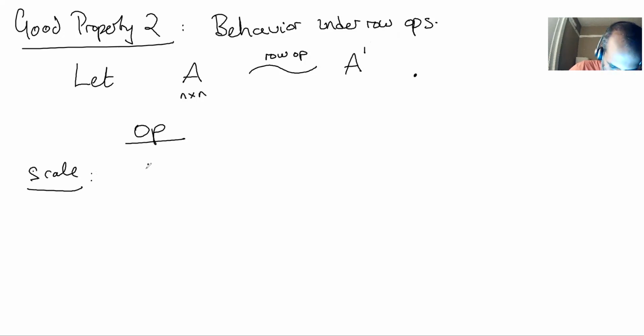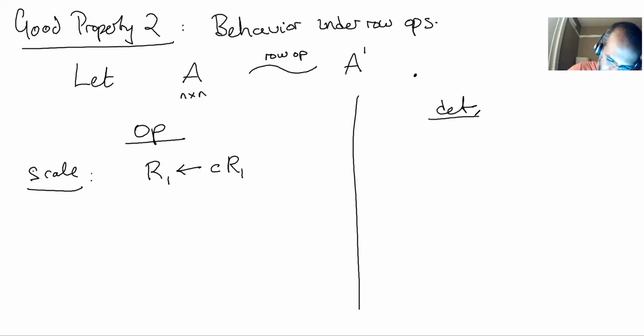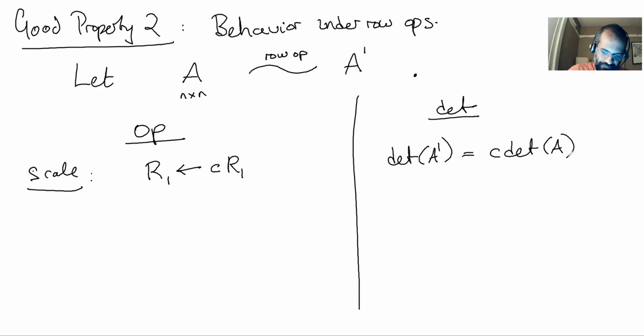So that means, let's say R1 gets some constant times R1. And you can ask, how are the determinants related? Let's say I scale the first row of A to get A prime. Well, it turns out that the determinant of A prime also gets scaled. So if you scale one row of A by a constant C, the determinant also gets scaled.